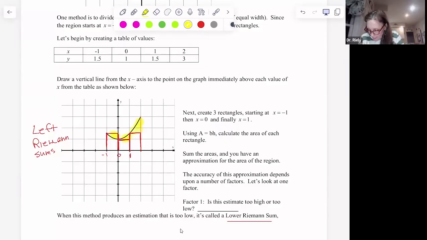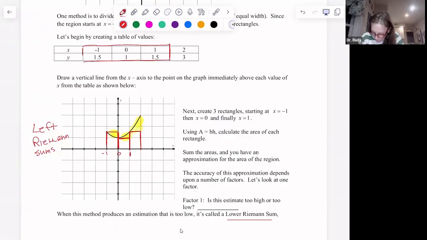Neat thing: if you do your table like I just did, you're going to have 3 rectangles. You're going to use these values on this side.